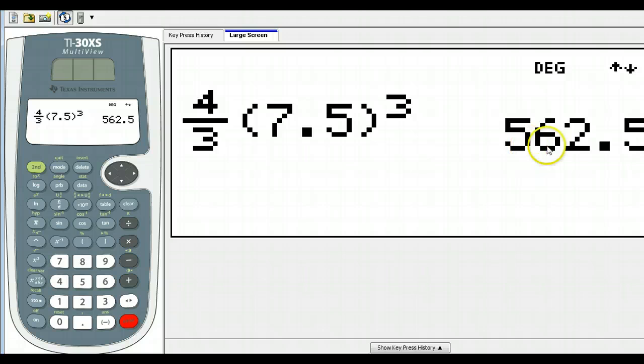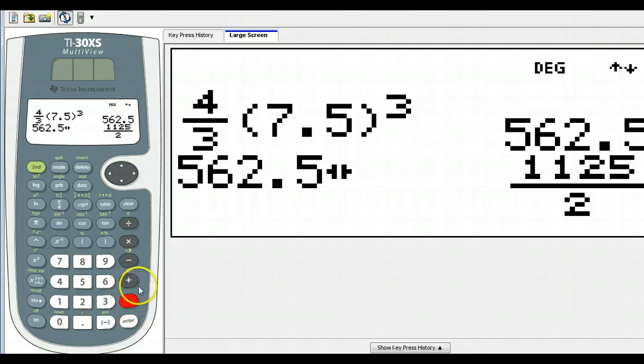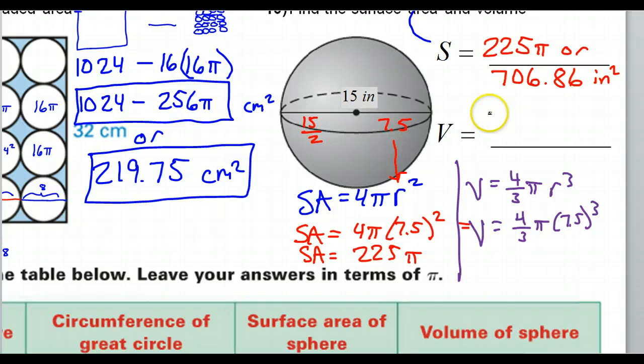So that gives me 562.5. Now if I really wanted to be cute, I would toggle this and get this fraction. Anyway, 562.5 pi would be like an exact answer.